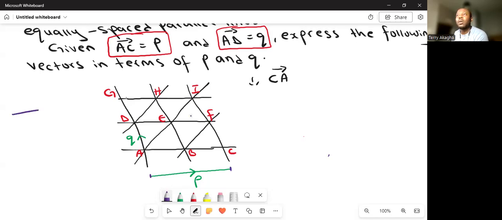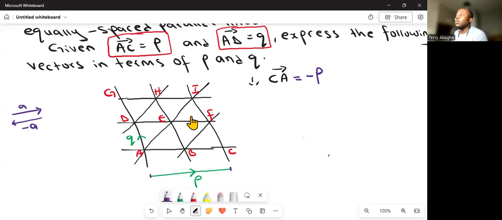If going in this direction it's A, with the same magnitude going the other way it's minus A. So AC was P, therefore CA is going to be equal to minus P.